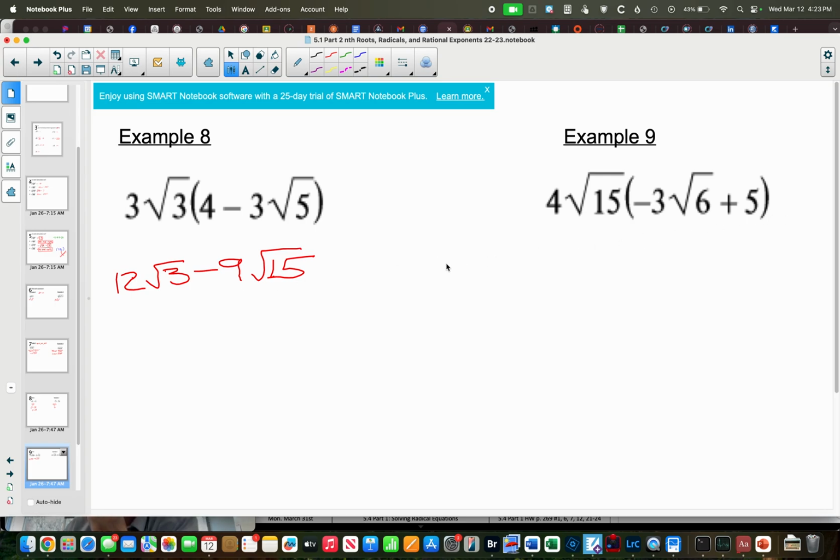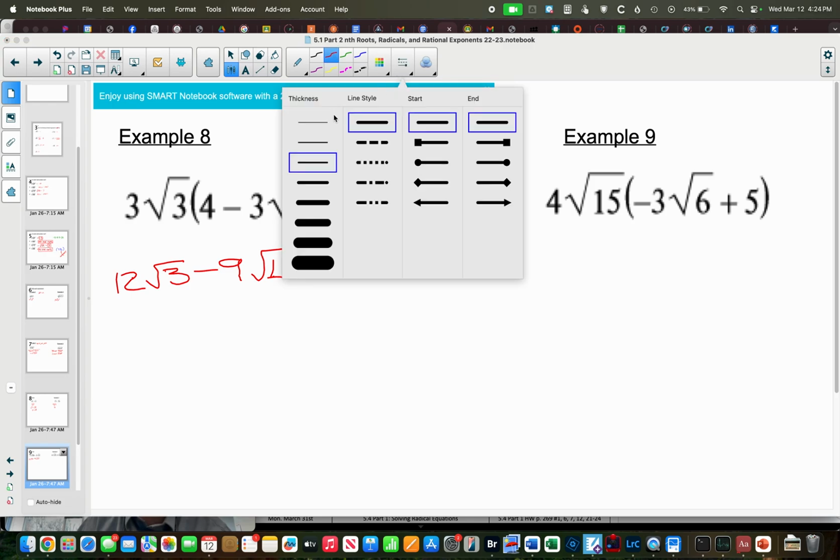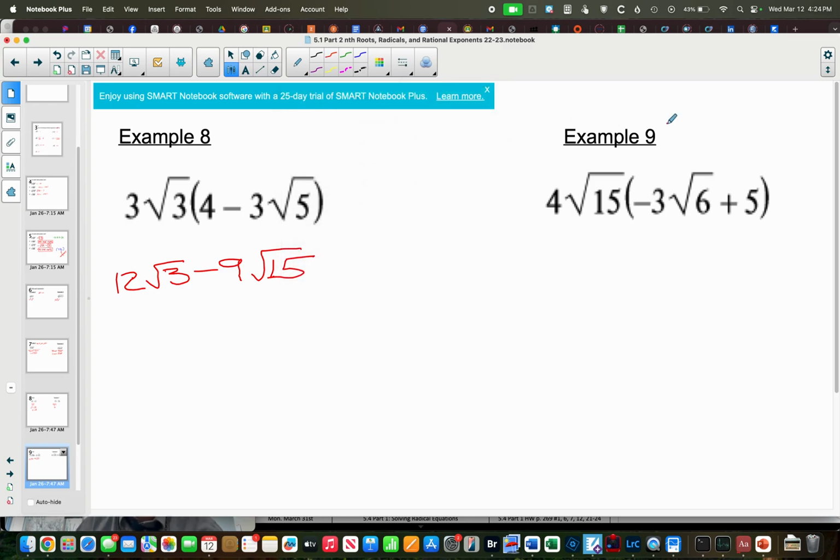All right, let's do this one. 4 times negative 3. All right, let's try again to write. All right, this is going to be negative 12.